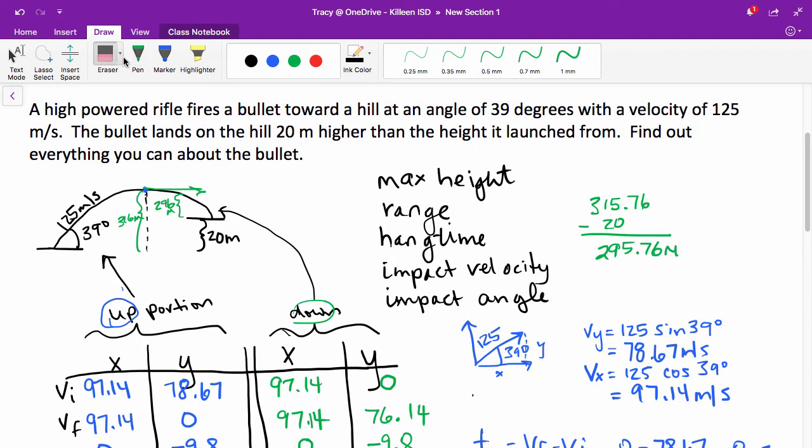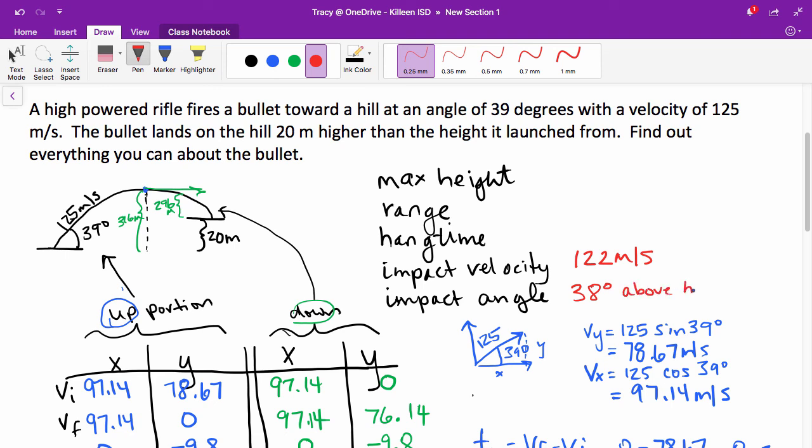I'm going to erase this really quick. It's in my way. And so our impact velocity was 121.59. I'll just say 122 meters per second. And the angle that it was at was 38 degrees, or 38.1 degrees above the horizontal.